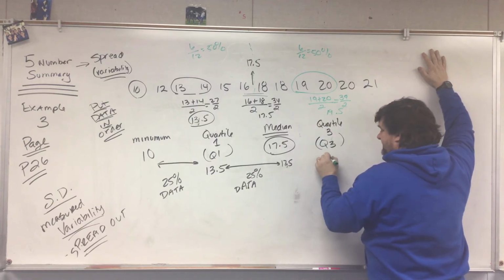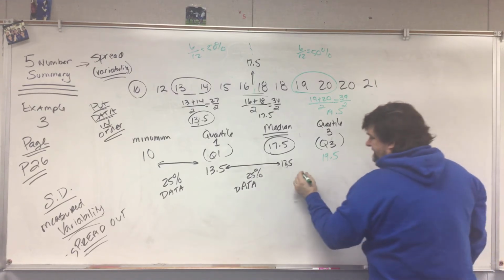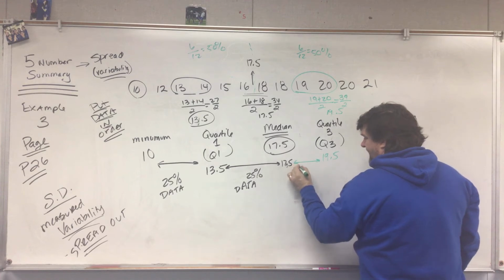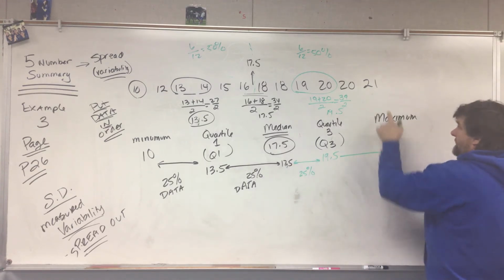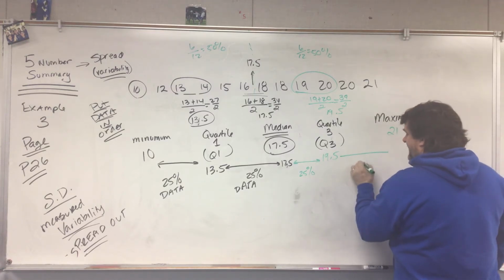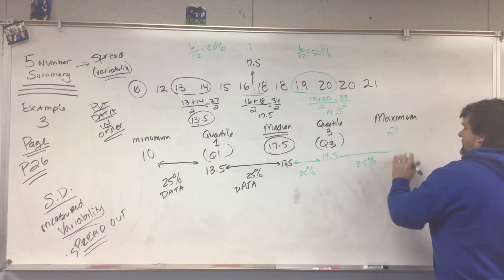This is 19.5. Okay? And that means that between 17.5 and 19.5, there's 25% of the data. And between 19.5 and our maximum number of 21, there's 25% of the data. This is 21.